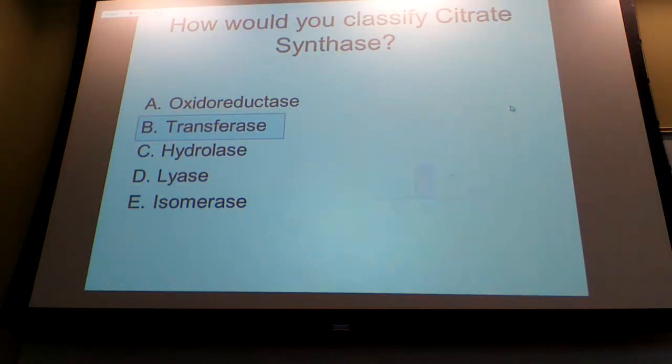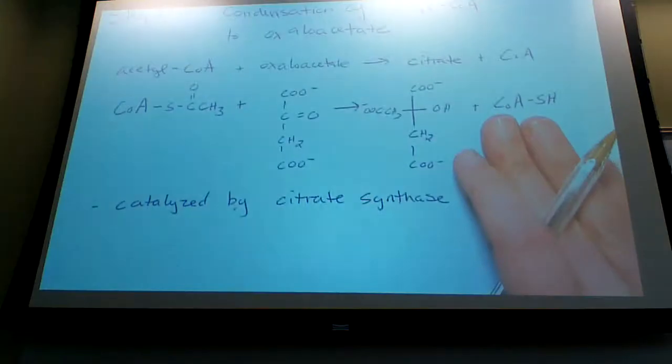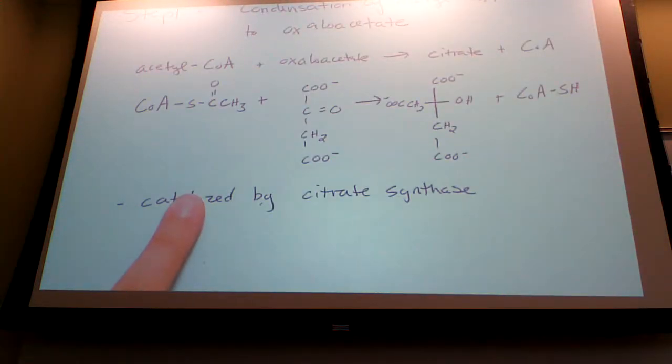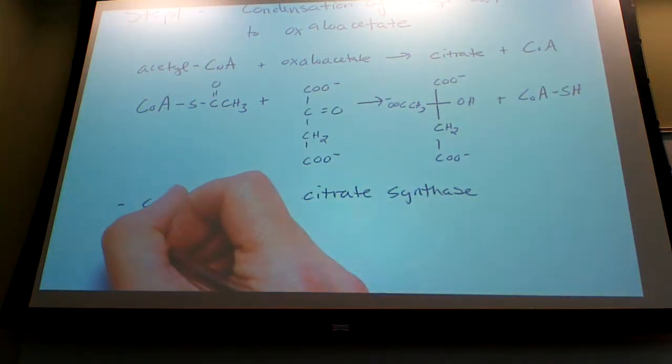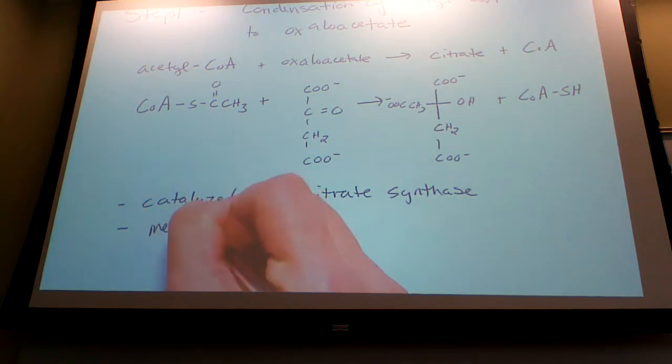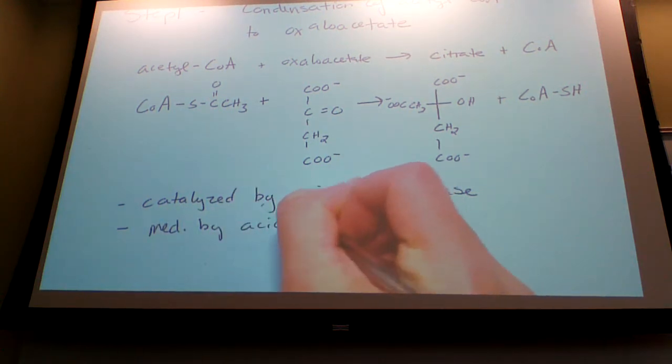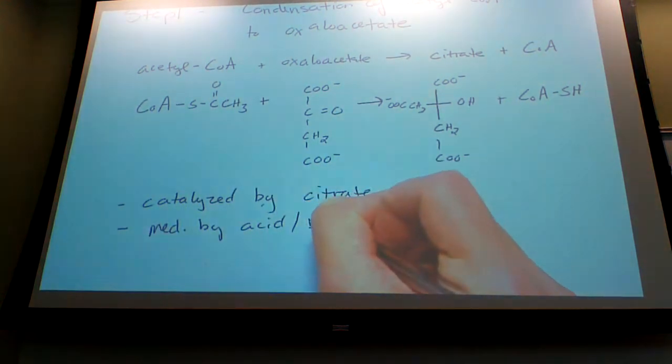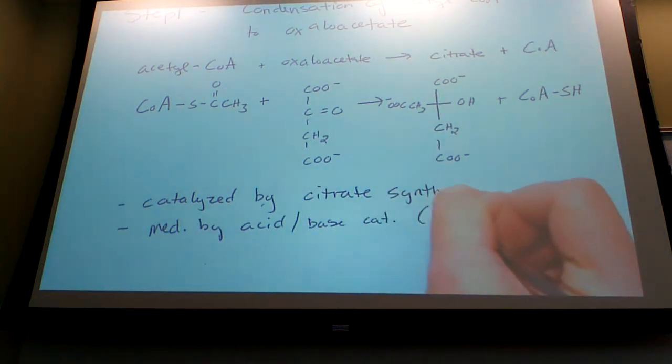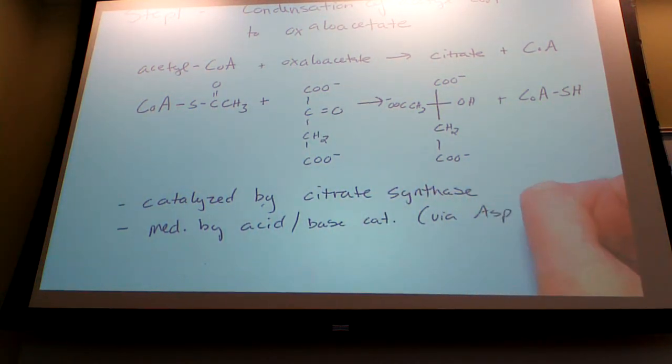That is a transferase. Can I write just a couple little things down quick? So this is catalyzed by citrate synthase. It is mediated by acid-base catalysis via aspartate and histidine residues.